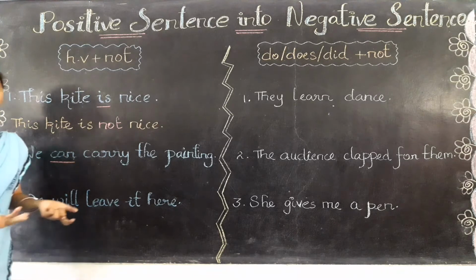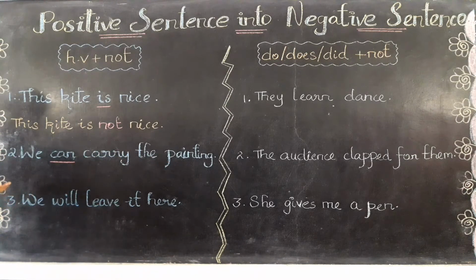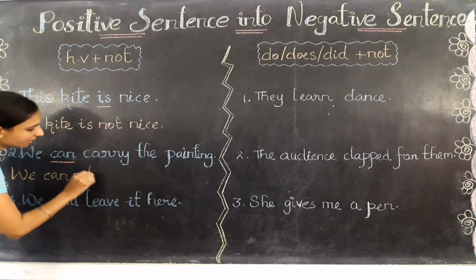So where do I need to add not in the sentence? After this can, that is cannot, then all the other words. See, the answer will be like this: we can, then I need to add not to make it negative.